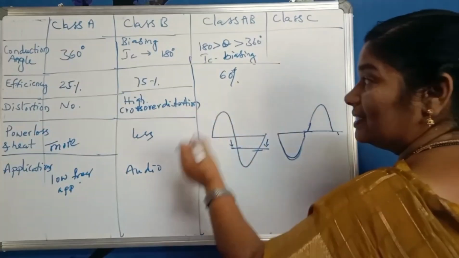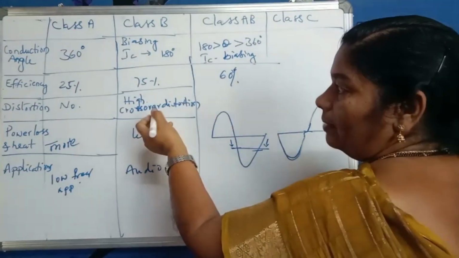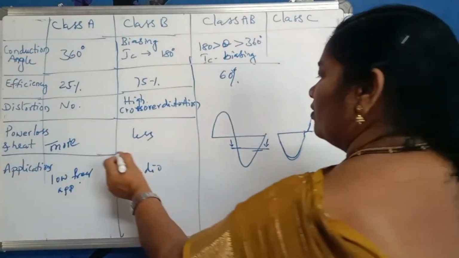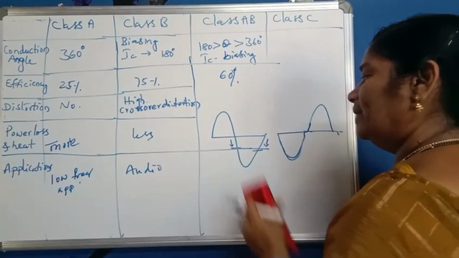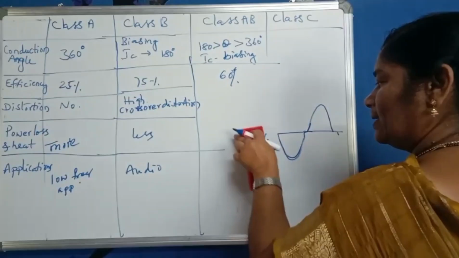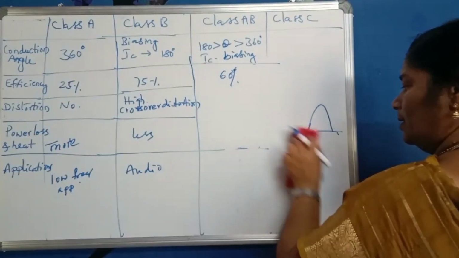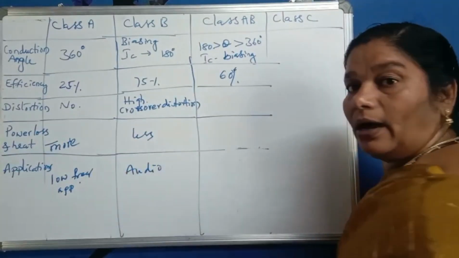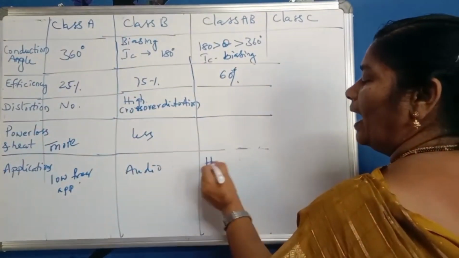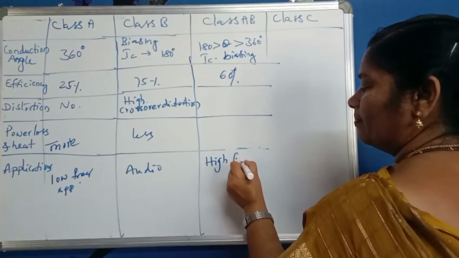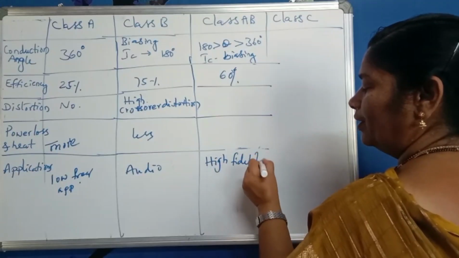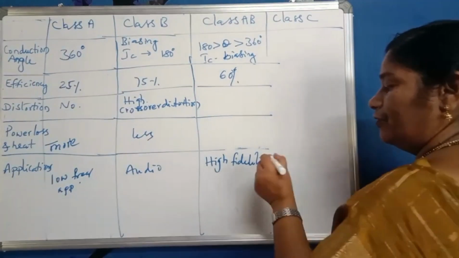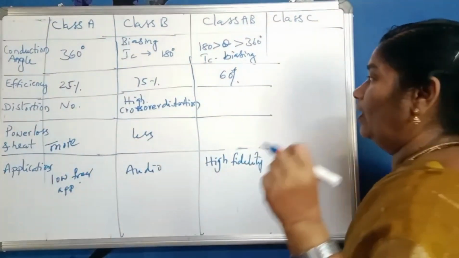Therefore, distortion is less than that of class B, but more than that of class A amplifiers. Power loss will also be there, but it is also in between class A and B, as its name shows. And then it is applicable in high fidelity audio systems, where high fidelity is required for excellent audio quality.